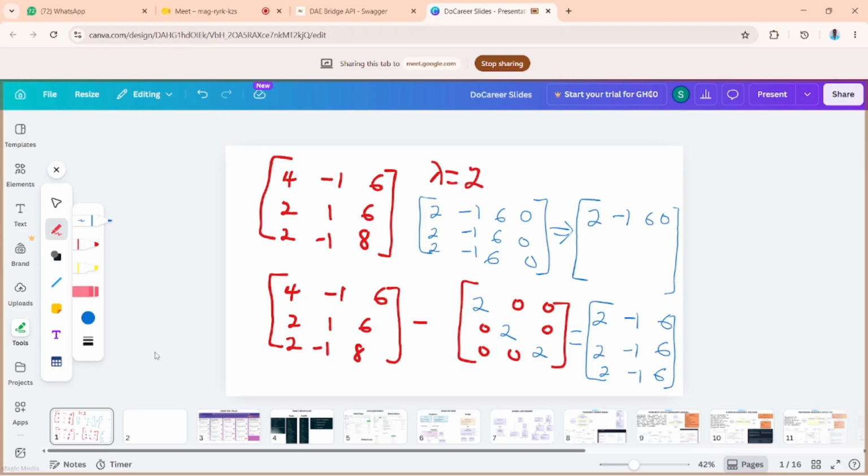Then all is 0, 0, 0 throughout. That's also 0, 0 throughout. Yeah, that's it.